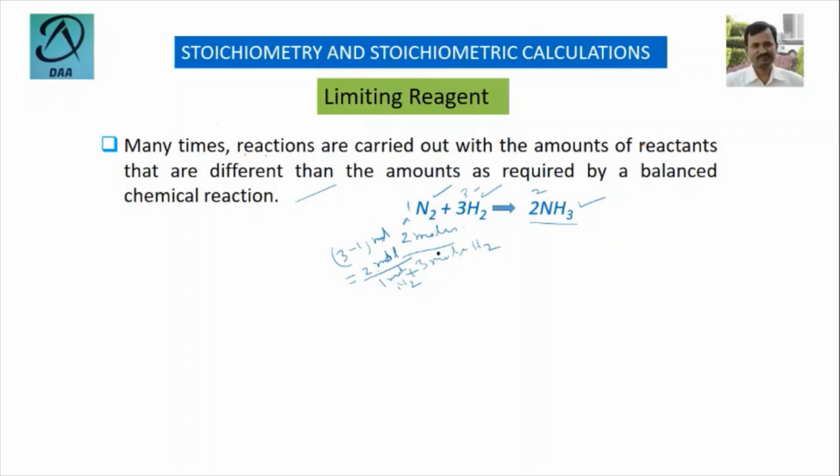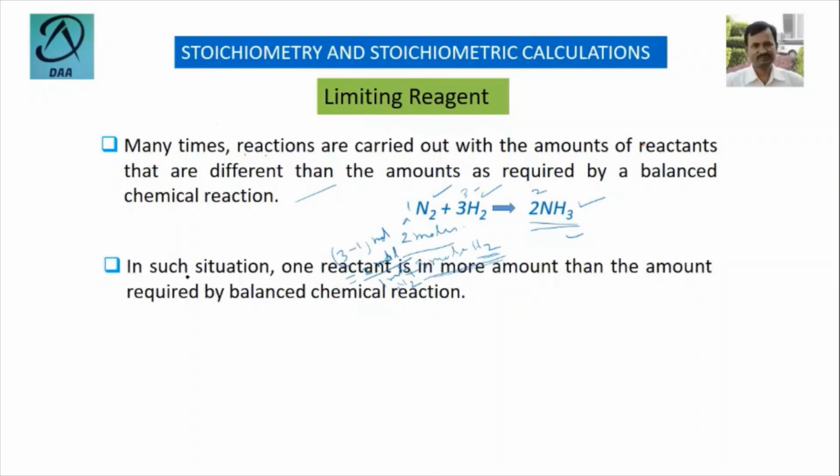And under this condition, this 3 moles of hydrogen will be the limiting reagent, because it will determine how much NH3 will be formed, in this case 2 moles. So in this case the H2, this reactant, is the limiting reagent.